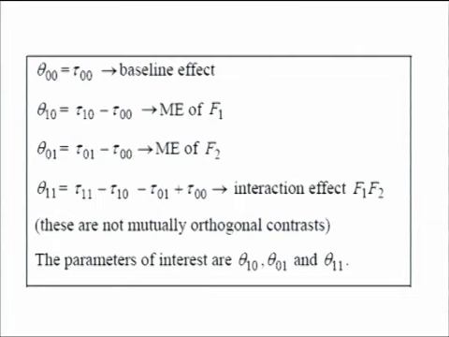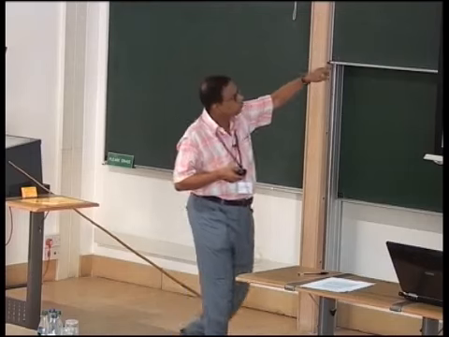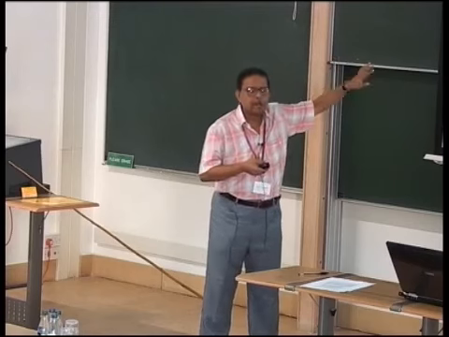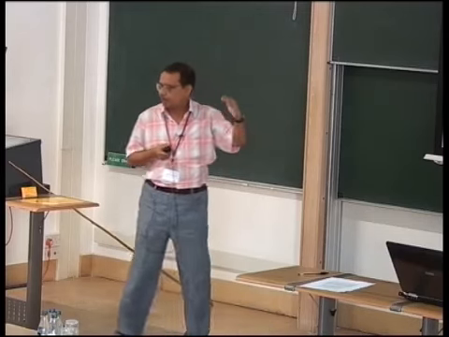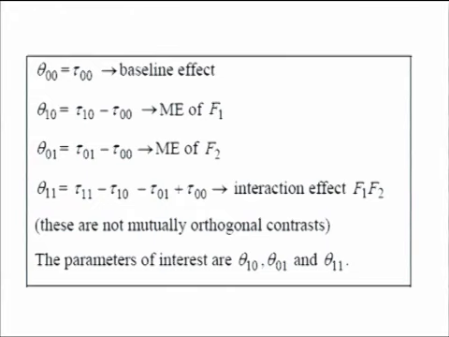and finally, the interaction effect between the two factors. The point to be noted here is that for the two factor setting, the definition of interaction under the baseline parameterization is the same as that under the orthogonal parameterization. However, the main effects are defined differently, and it is obvious that theta 1 naught, theta naught 1 and theta 1 1 are not mutually orthogonal contrasts.